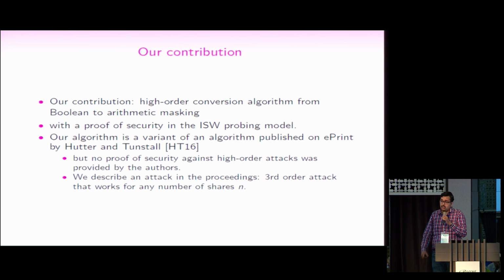Hutter and Tunstall's method did not come with a security proof at arbitrary orders, and the author proposes a third order attack that works for any number of shares. We will not discuss the details of this attack in this talk, and I kindly refer to the paper for the details.